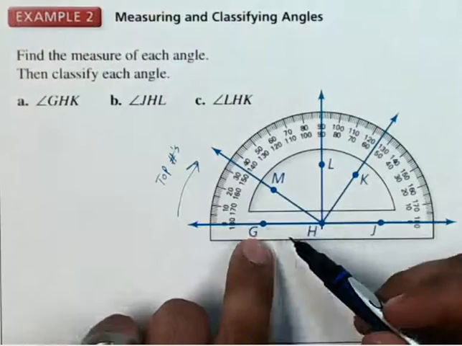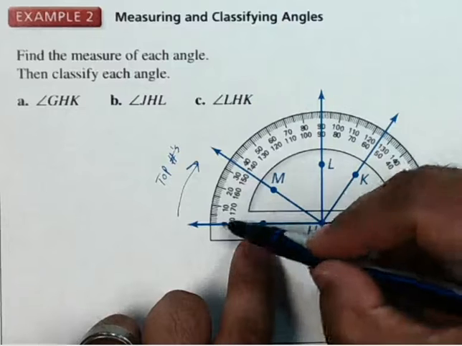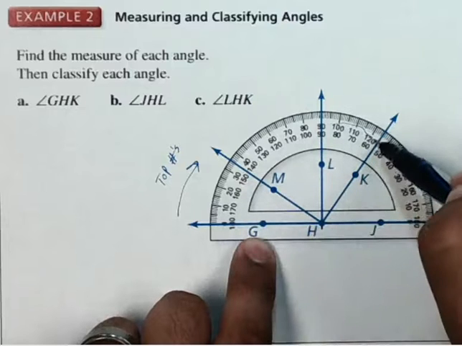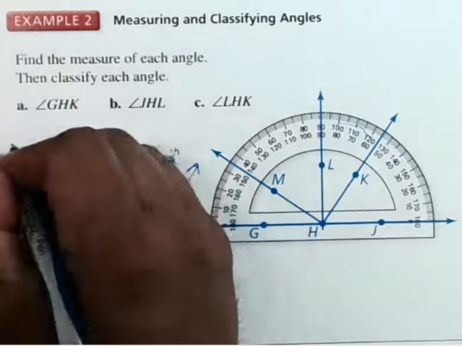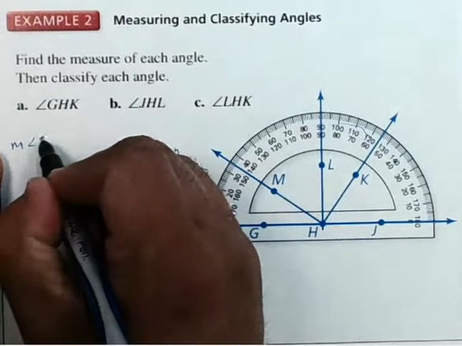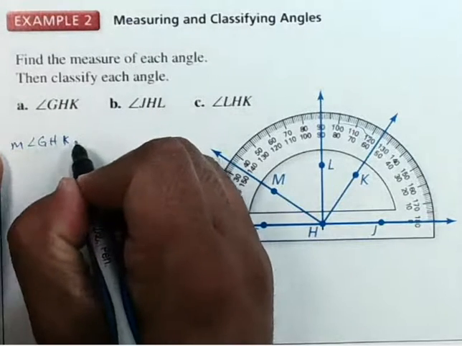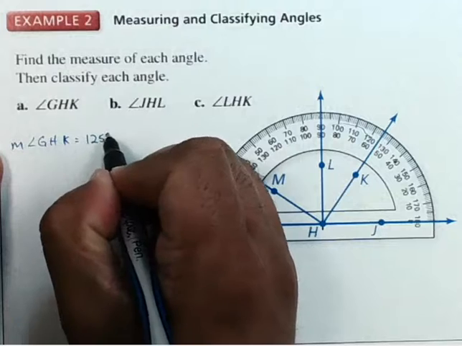Okay, so if I'm going from GHK, I'm going to read until I hit that other ray over here, which happens to be 125 degrees. So the measure of angle GHK would equal 125 degrees.